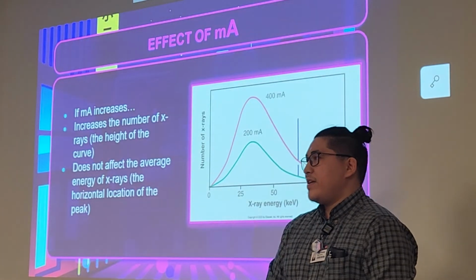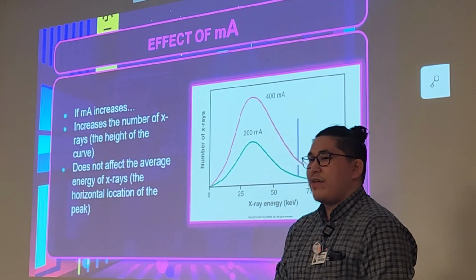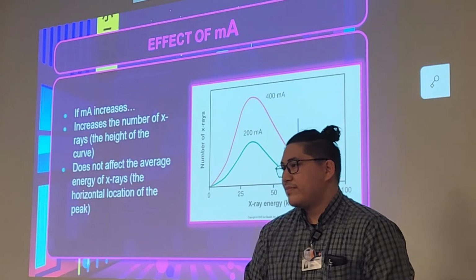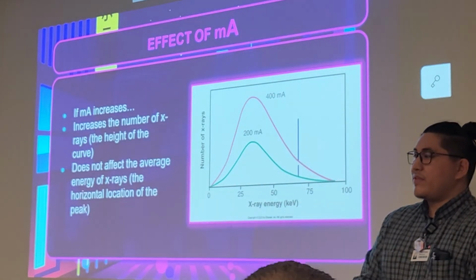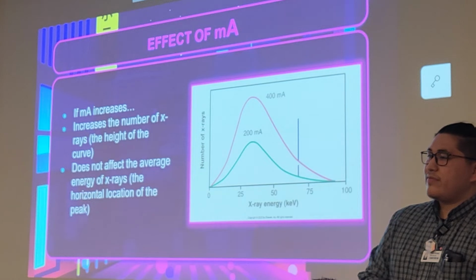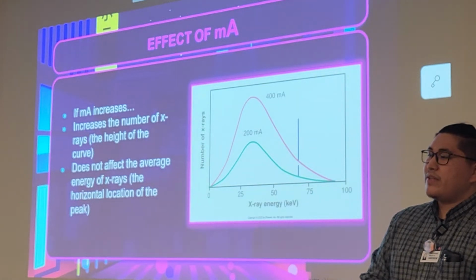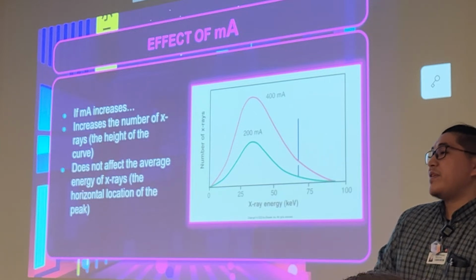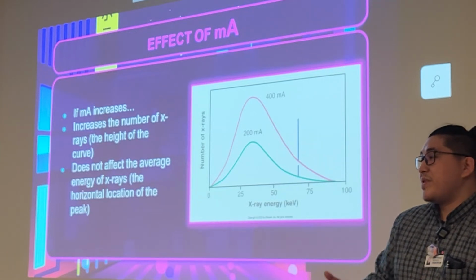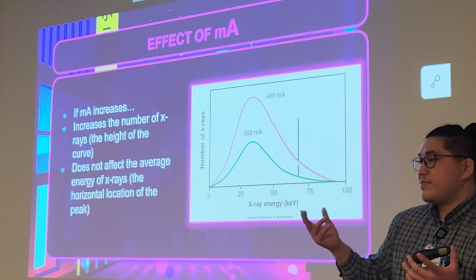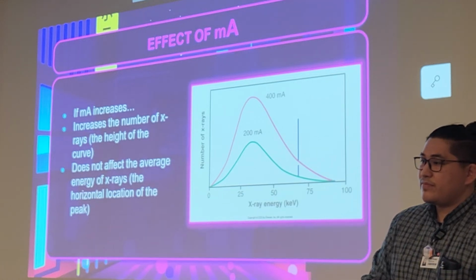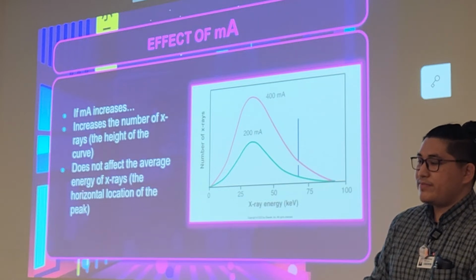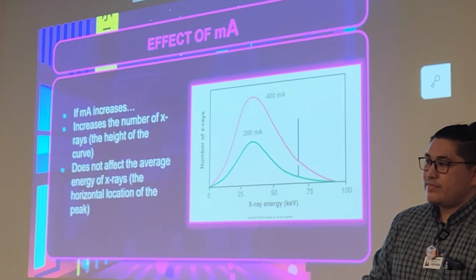Before we move on, if we're talking about mA, does anybody have an idea of how kVp might affect this emission spectrum? The peak is going to go right. We're talking about what happens if kVp changes. So let's say, for example, we increase our kVp. The energy is going to be higher, but the number of photons won't go up.